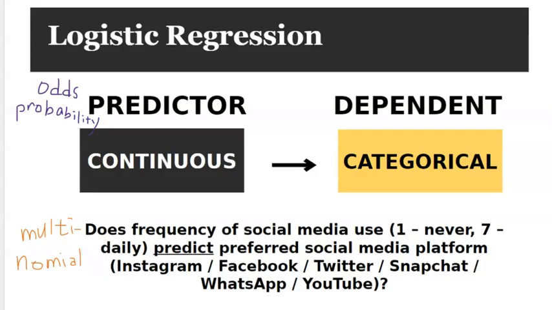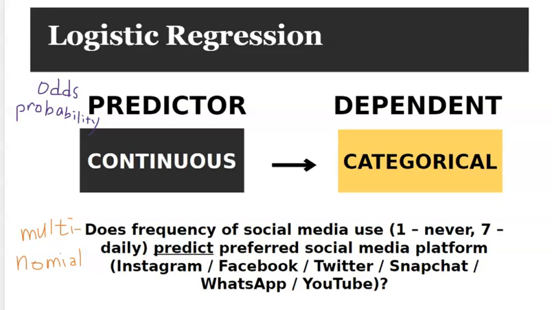Okay, so the very first thing is logistic regression. Logistic regression has three kinds. The first one is the multinomial, and also the ordinal logistic regression, and also the binary logistic regression.